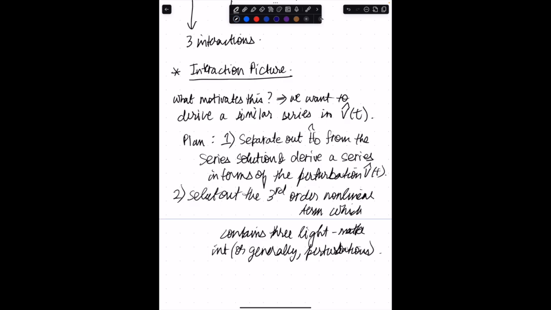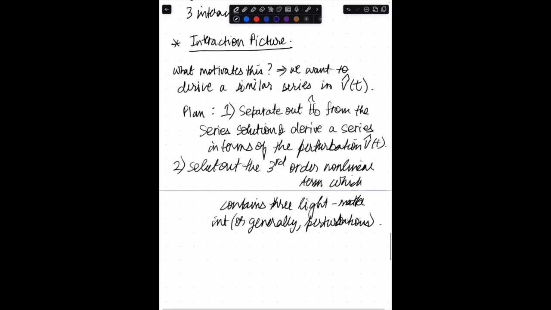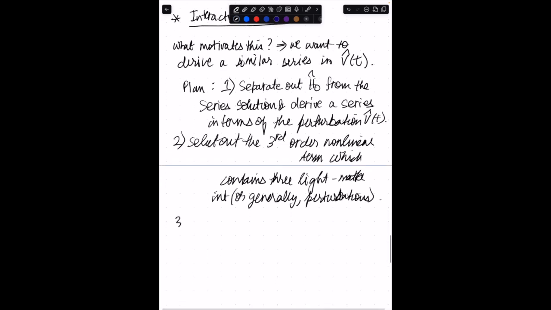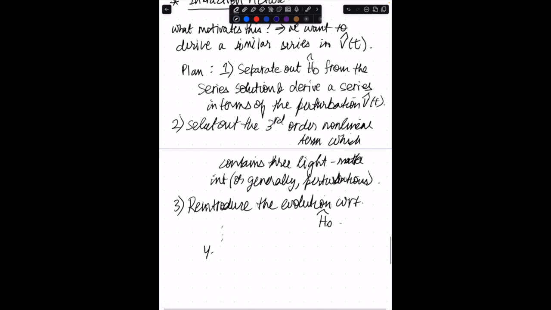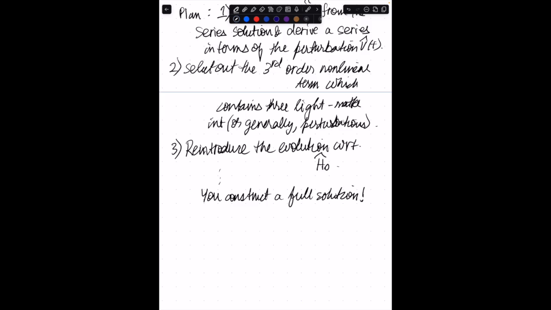So you select out the third order nonlinear term which contains the three light-matter interactions. Then you reintroduce the evolution with respect to the time-independent matter Hamiltonian. And by doing so, you construct a full solution. The reason behind doing that is you want a solution which converges and which does not diverge.